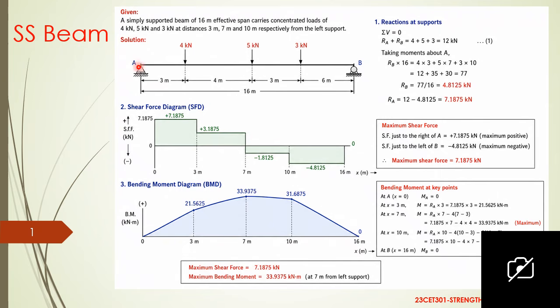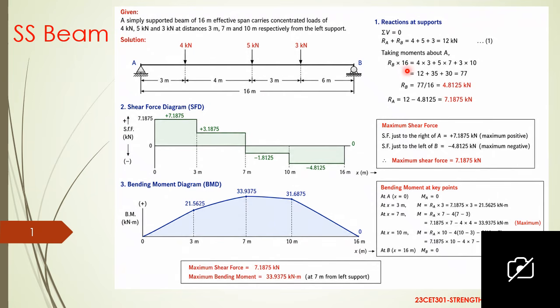The third equation is summation M equal to 0. We have to take moment at A. Sum of moments of all the forces about point A is equal to 0. That is RB into 16. That will create an anti-clockwise moment, and the rest of the loads will create a clockwise moment.